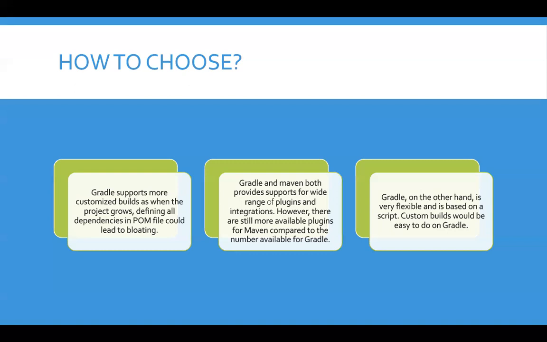The second key point is plugins and integration. Maven supports a wide range of build lifecycle steps and integrates seamlessly with third-party jars, tools, and plugins, such as CI servers, code coverage plugins, or static code style plugins like Sonar.